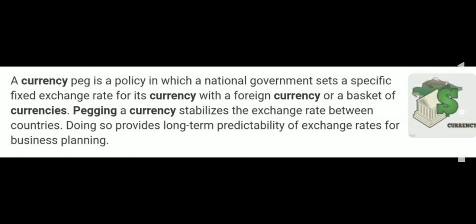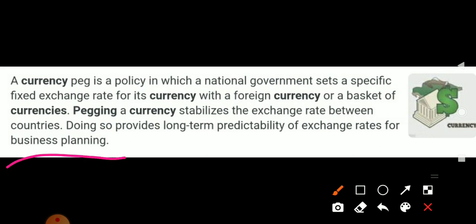The next one is that it provides long-term predictability of exchange rate for business planning. For big business planning, we need to predict the upcoming exchange rates to gain profitability. So some countries also peg their currency sometimes to gain stabilization in the exchange rate. So this is the meaning of the currency peg.